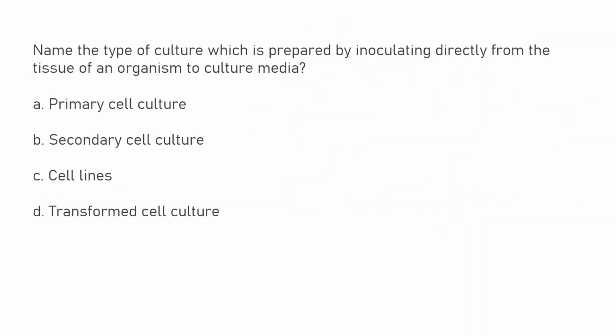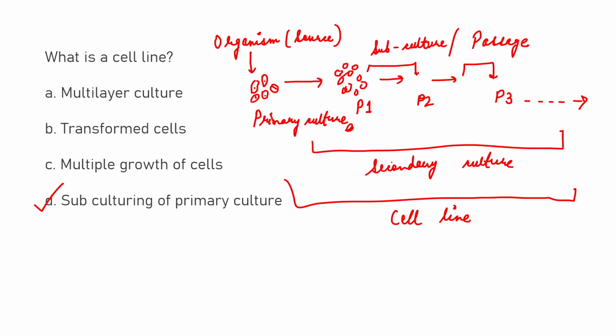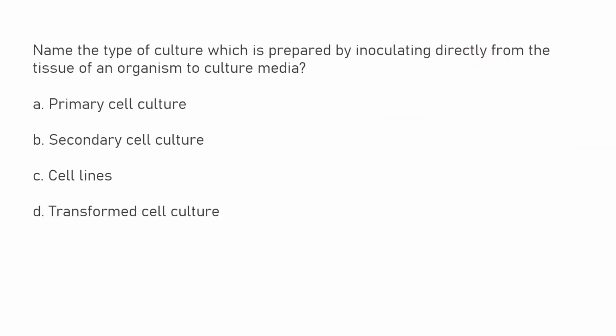So moving on to the next question, which is: name the type of culture which is prepared by inoculating directly from the tissue of an organism to culture media. So here we have to name the type of culture which is prepared directly from the source or from the organism.